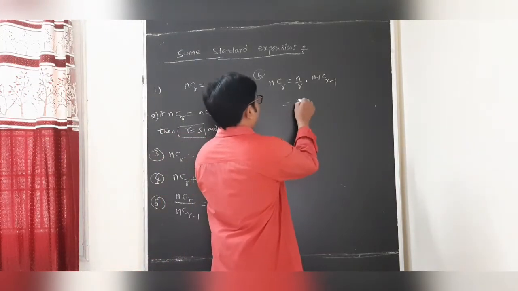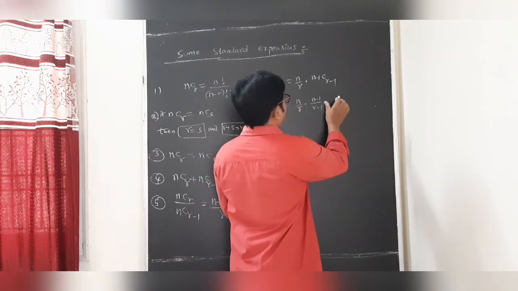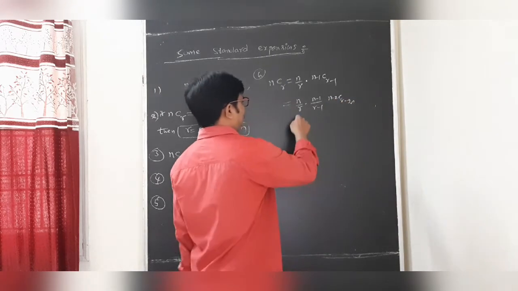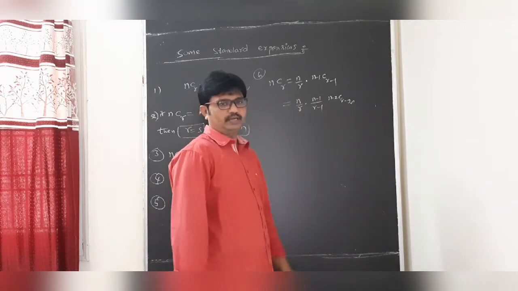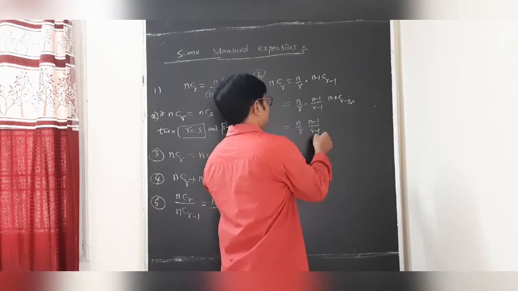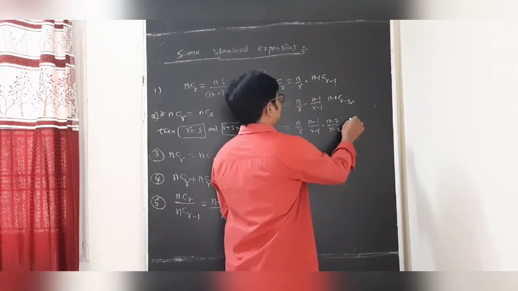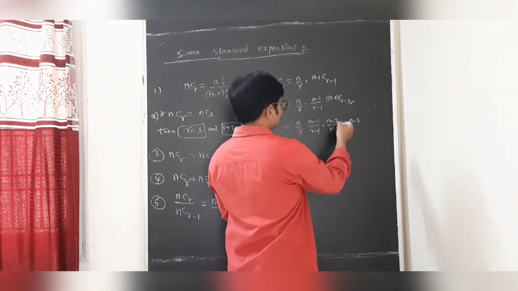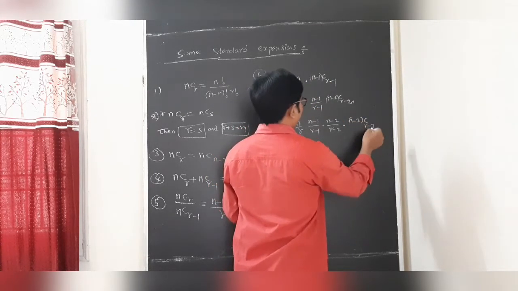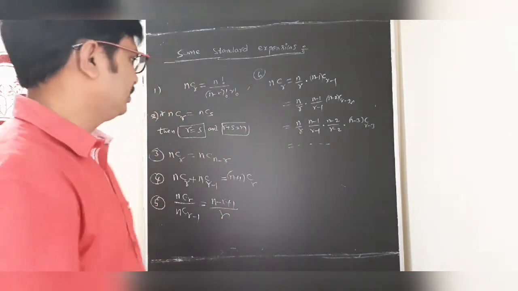This can also be written as n by r, n minus 1 by r minus 1, into n minus 2 CR minus 2. Is it clear, students? And also n by r, n minus 1 by r minus 1, then n minus 2 upon r minus 2, then n minus 3 CR minus 3, and so on. Students, this is the sixth property.